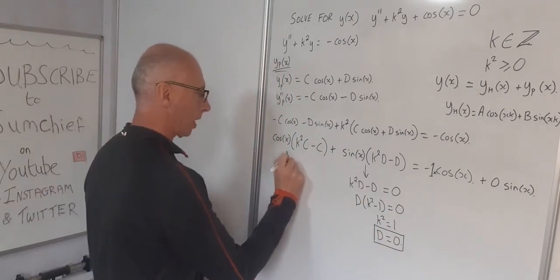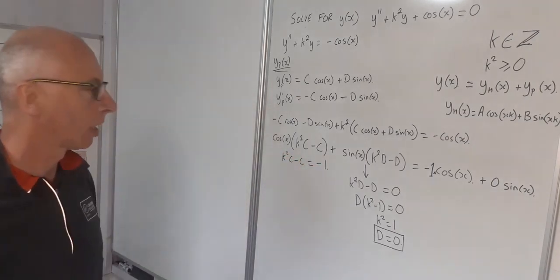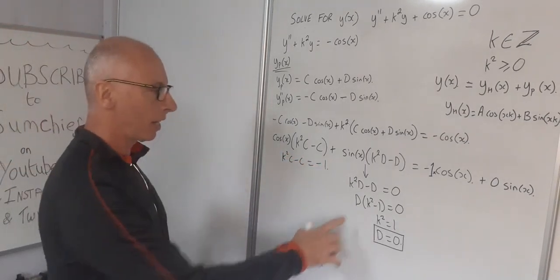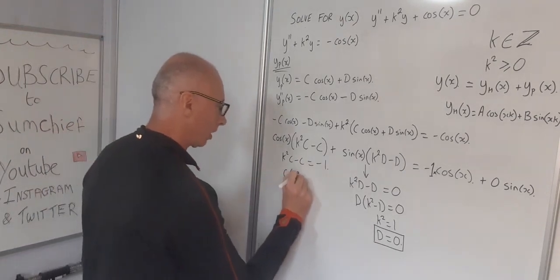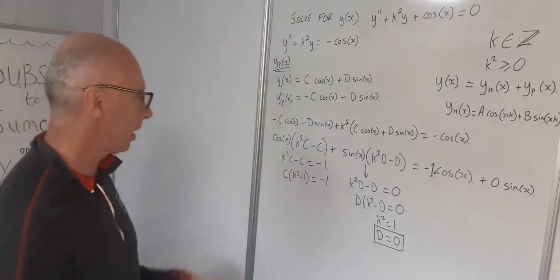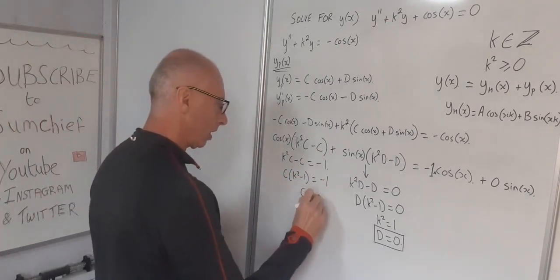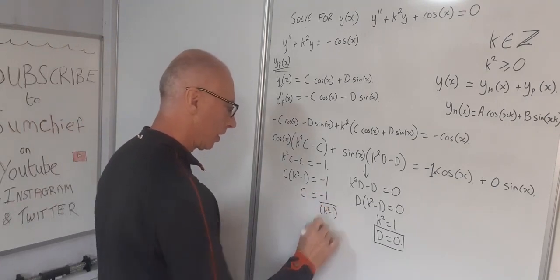Now, as we did with this side, I'm going to factor out the c. So now I've got c times k squared minus 1 equals minus 1. And now I can get c on its own. So now c equals minus 1 over k squared minus 1.